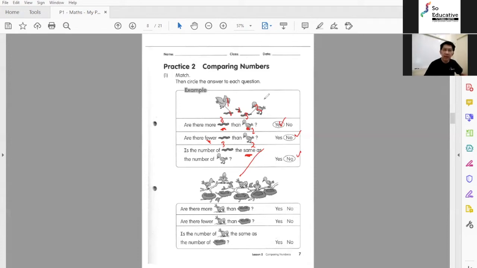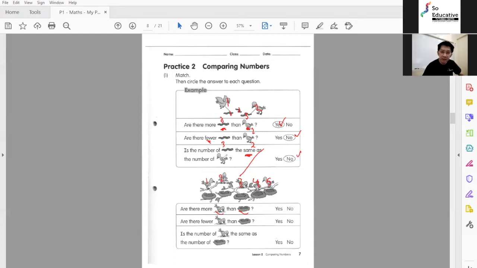Now let's take a look at the next one. They're asking us about the little bird and the nest. First of all, let's count how many of them. So 1 bird, 2 birds, 3 birds, 4 birds, and 5 birds.